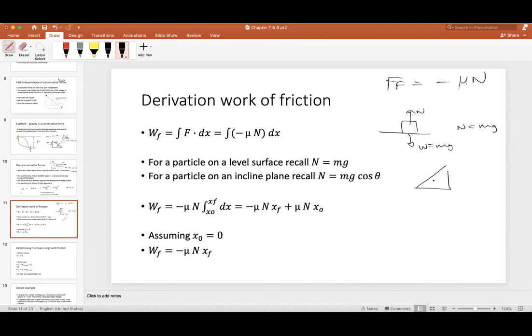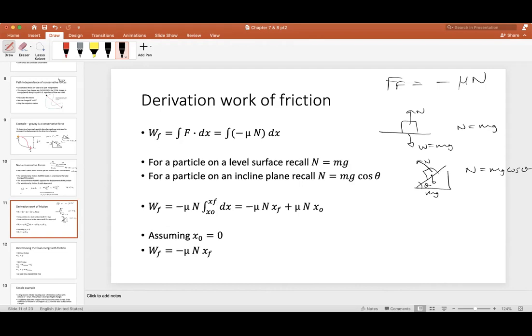On an inclined plane at some angle, the normal force is mg cos theta. If this is the normal, we break that into a y and an x, and we get mg cos theta. We did that a bunch in chapter 5 and chapter 6, so I'm not going to go back through that.